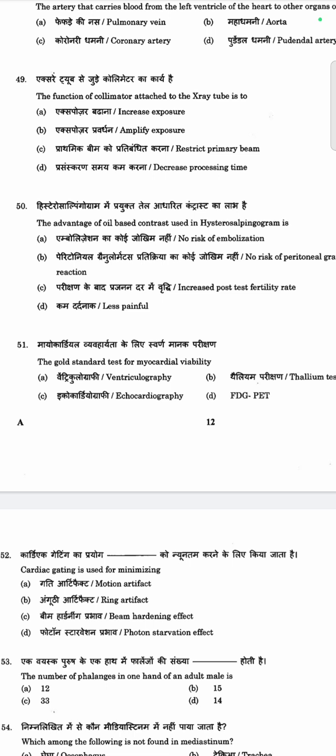Increase exposure, not decrease exposure. So it is used to restrict the primary beam. Amplified exposure is used to arrange the radiation. Okay.